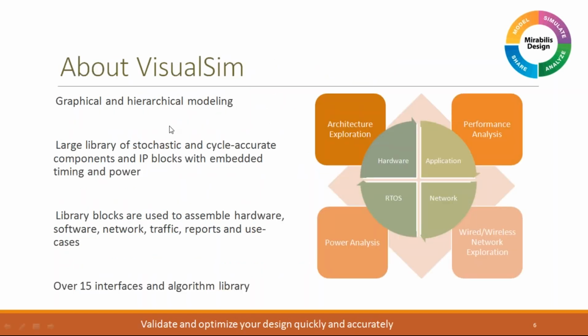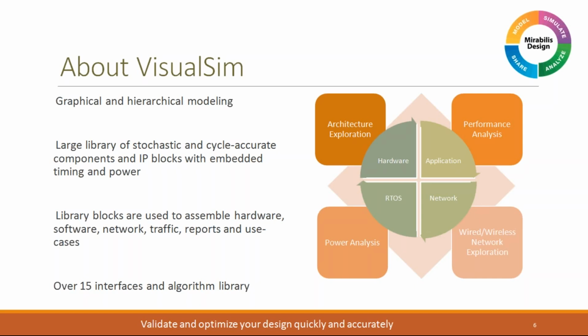Okay, so to address all those problems that I just talked about, we have assembled VisualSim Architect in such a way that you can quickly construct those simulation models graphically and hierarchically. And the libraries are provided either at stochastic or cycle accurate levels based on the details that you have with you. And these libraries are embedded with both power and timing information, which means if you construct a simulation model, the same model can be utilized for both power analysis as well as performance analysis at the same time.